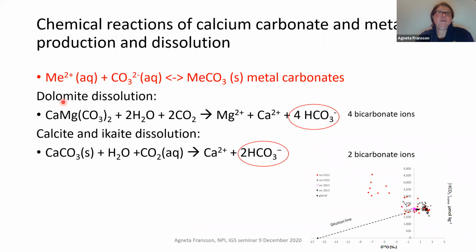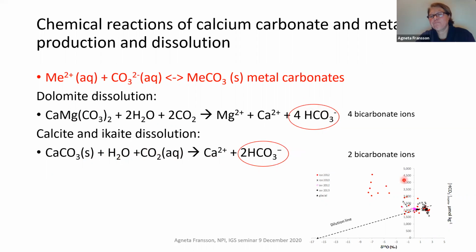If we look at the reaction for dolomite dissolution, it reacts with water and carbon dioxide, and it will produce 4 bicarbonate ions. And when calcite dissolves with water and carbon dioxide, it will produce 2 bicarbonates.